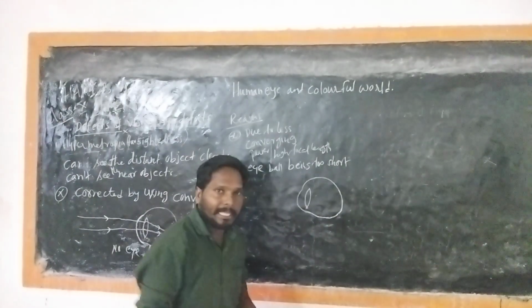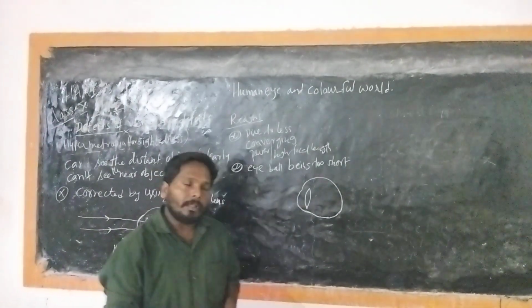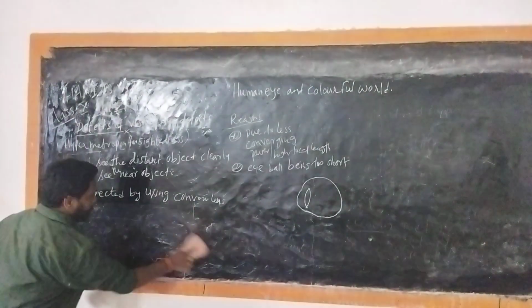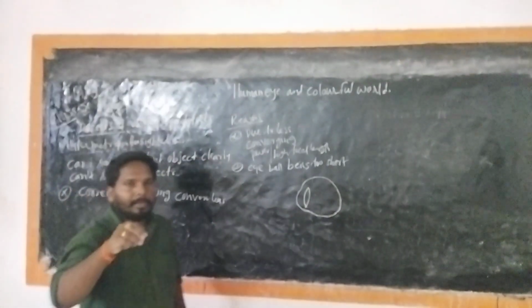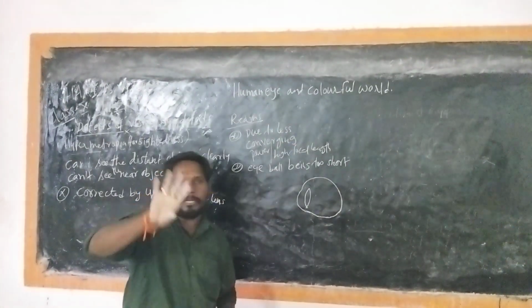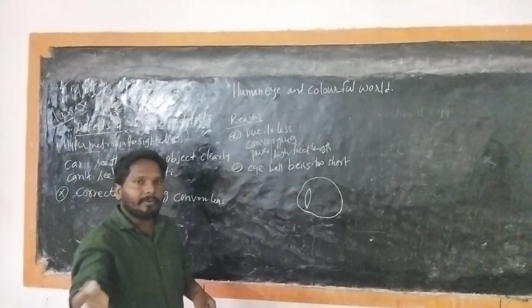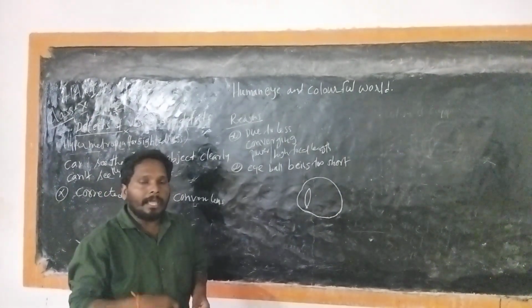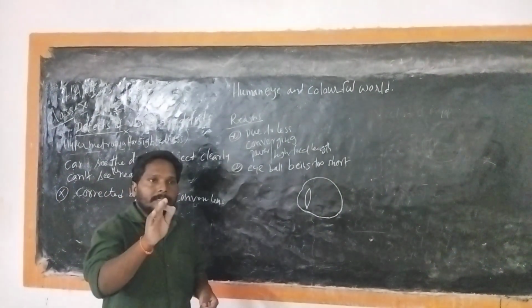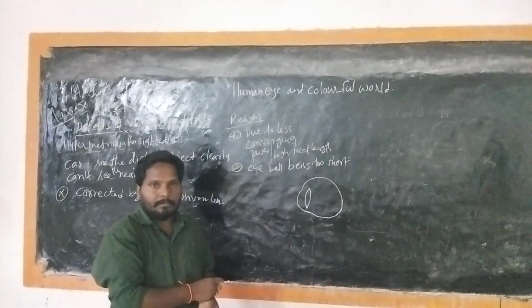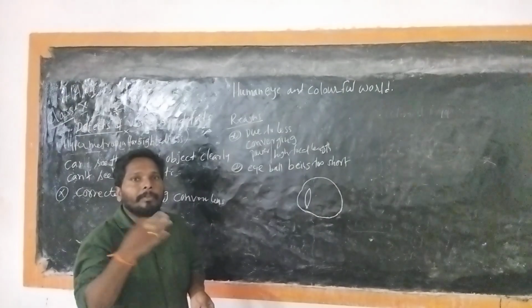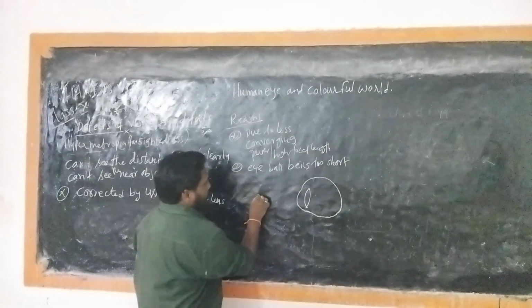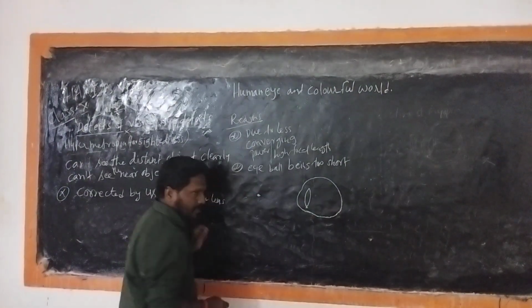If the person has no eye defect, the image of an object is formed on the retina only. If the person is suffering with an eye defect like myopia, the image is formed in front of the retina. In case of hypermetropia, the image is formed behind the retina. So they are unable to see the nearer objects.